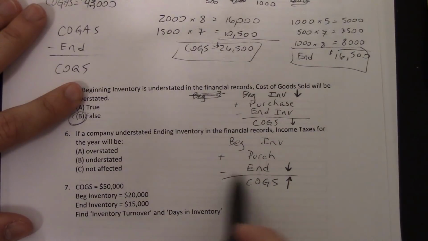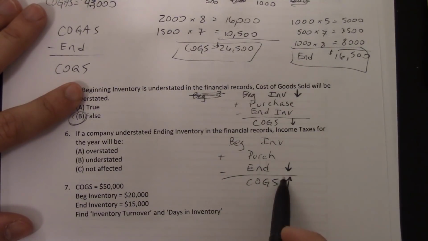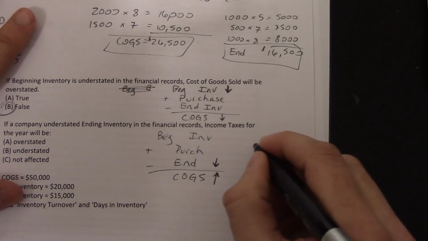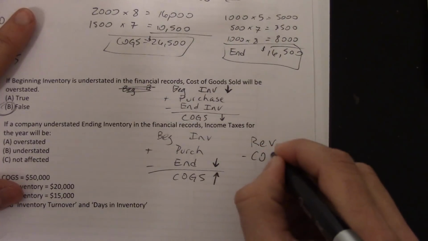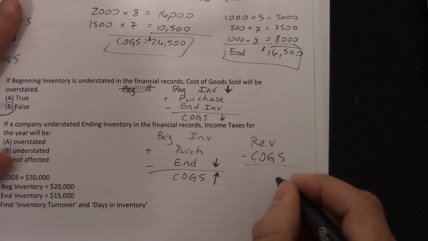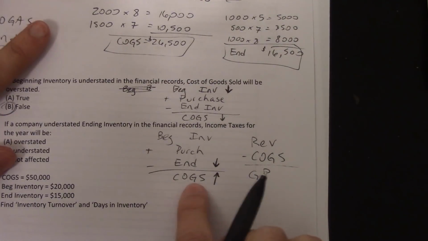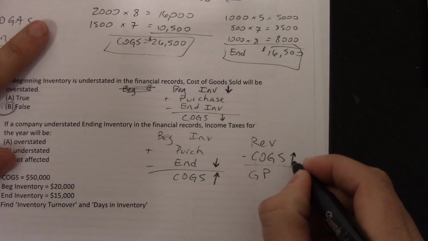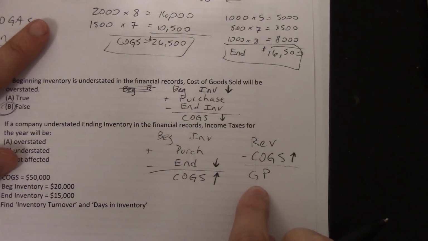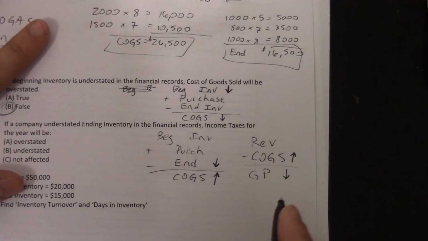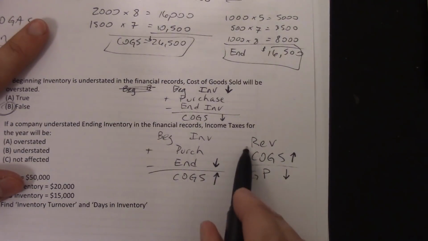If we're subtracting a small number, the cost of goods sold will be larger. Now, remember revenue minus cost of goods sold gives us our gross profit. So if we're saying cost of goods sold is overstated, what does that mean for gross profit? That means gross profit is understated because we're subtracting a large number.